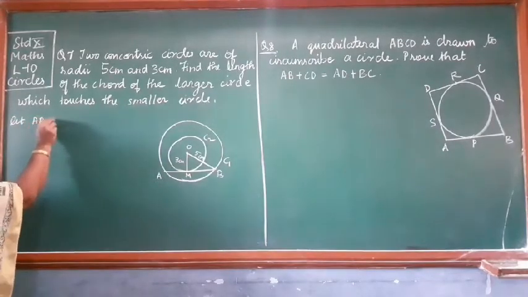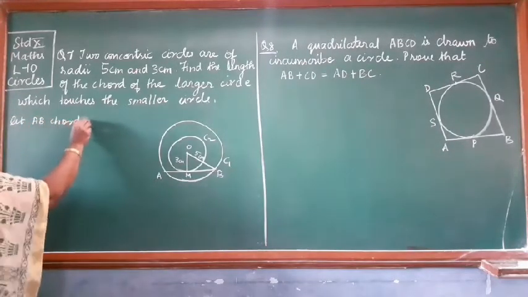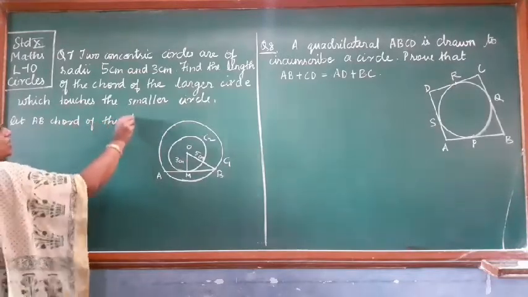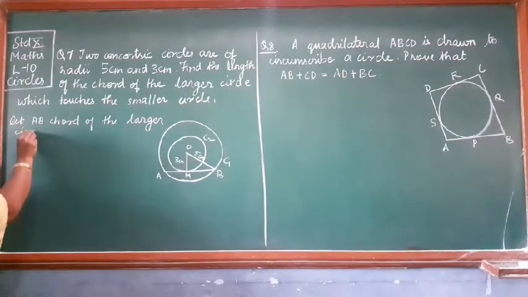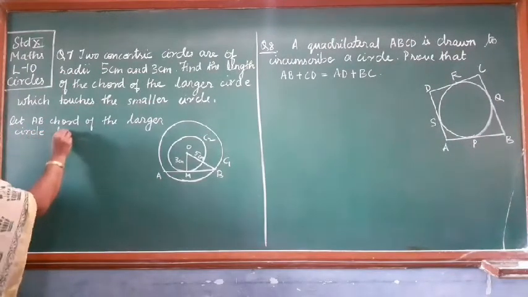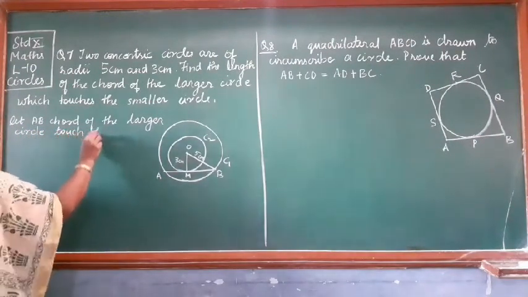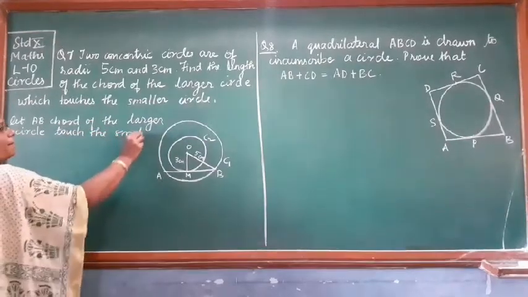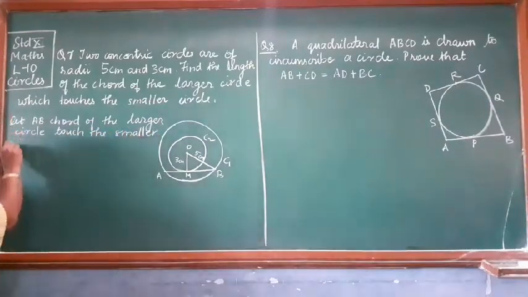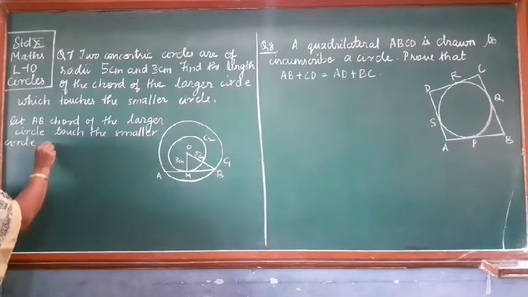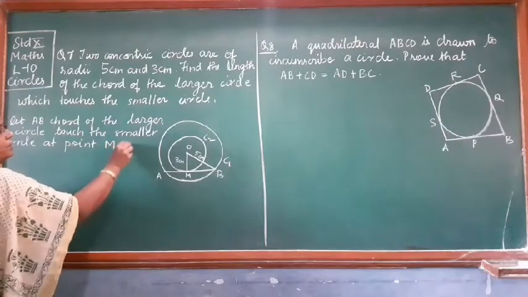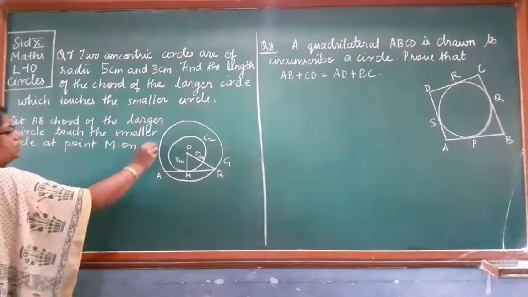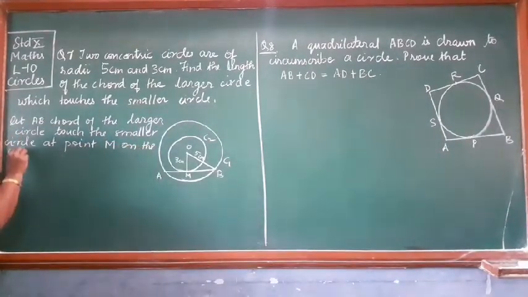Let AB be a chord of the larger circle touching the smaller circle at point M on the circle.